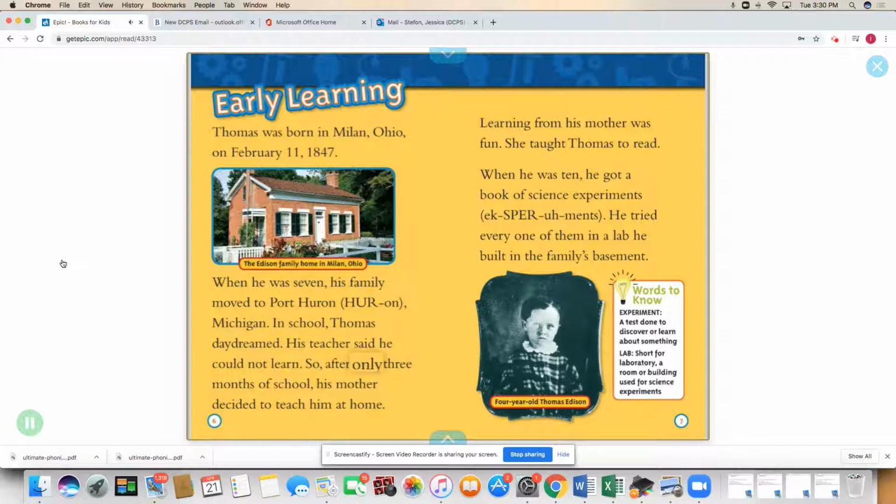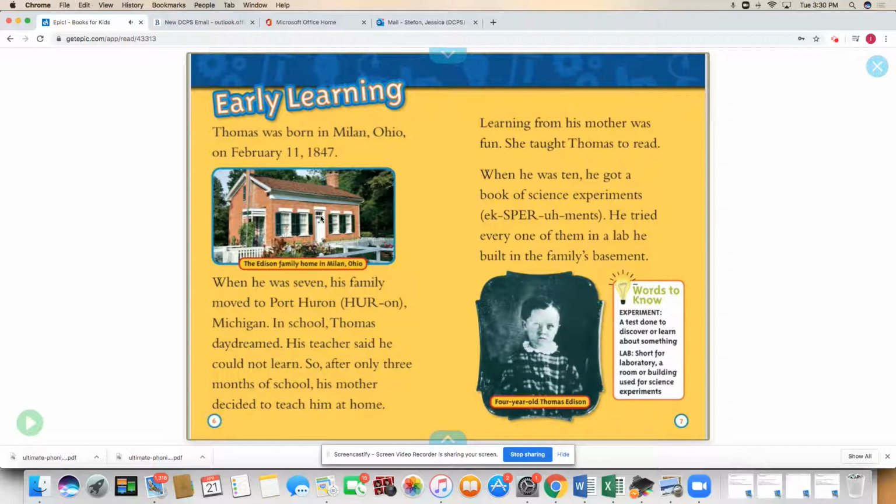So after only 3 months of school, his mother decided to teach him at home. Learning from his mother was fun. She taught Thomas to read. When he was 10, he got a book of science experiments. Experiments. He tried every one of them in a lab he built in the family's basement.